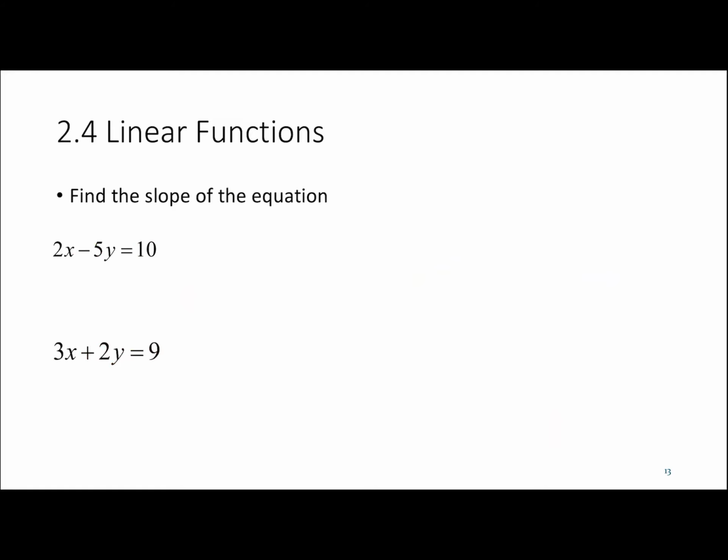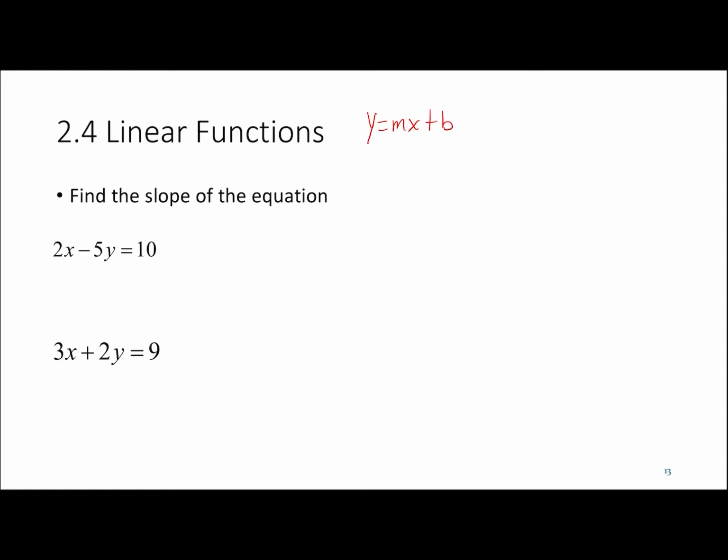And when you make the graph, it represents every solution to these equations because most of these have an infinite number of solutions. And so because of that, we can find the slope from the graph, which would be literally counting rise over run, which we're not going to focus on. We could find the slope from the slope formula, which we just did. And then we can also find it from the equation.